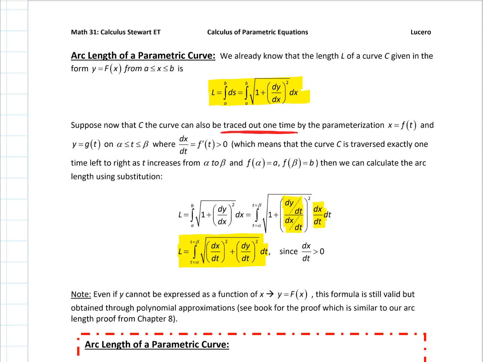So you have to make sure you're traced out one time by a parameterization from alpha to beta. And there is this other piece, that f prime of t is actually greater than 0. That means that it's traversed exactly one time from left to right as t increases from alpha to beta. Okay? So f of alpha equals a and f of beta equals b. And so then we can calculate that.